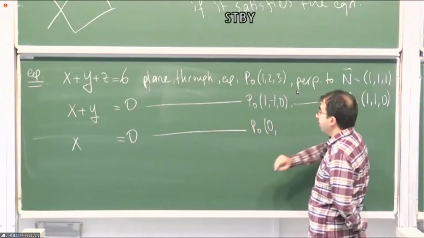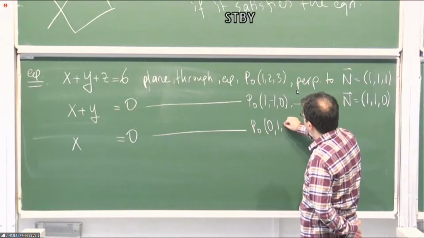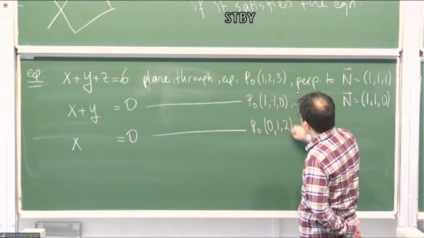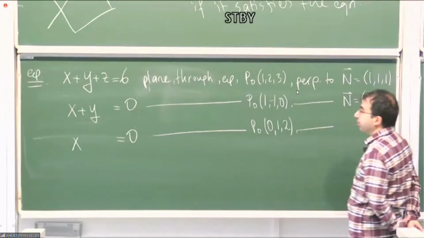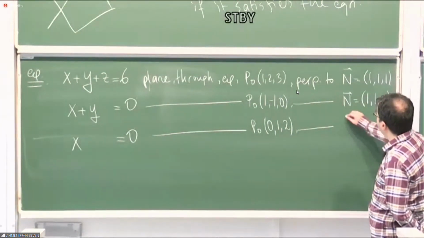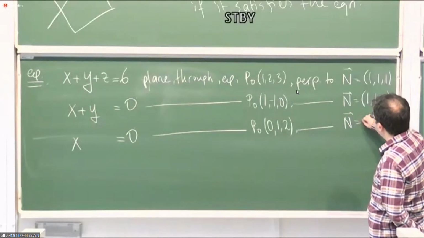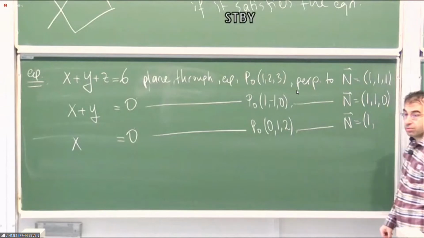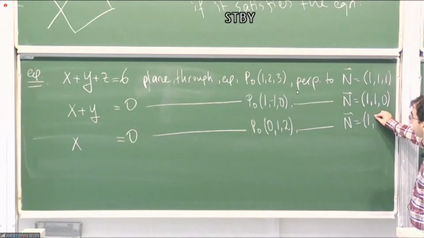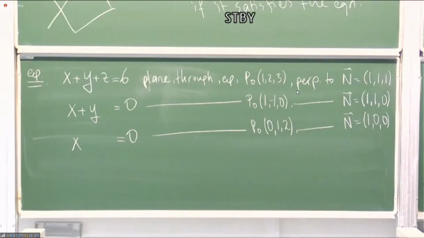Now y and z could be anything. So let's take, for example, (0, 1, 2). And it is going to be perpendicular to what vector? Of course, the number in front of x is 1. The others do not appear, so this means the numbers are 0.